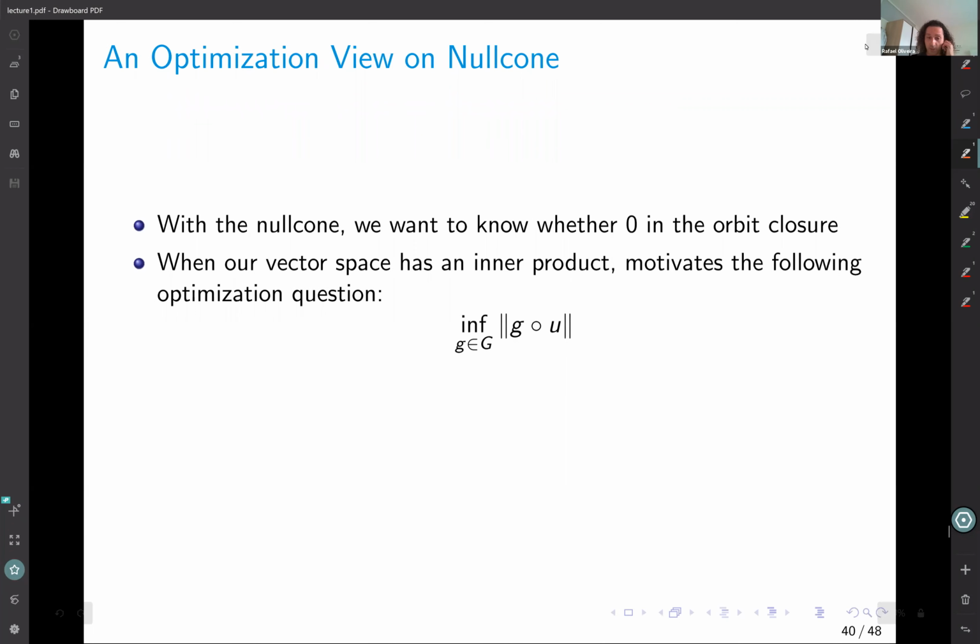Suppose our vector space has an inner product, like C to the n. This motivates the following question: take the infimum over all the elements g of the group of the norm of g acting on u, where the norm is induced by the inner product.